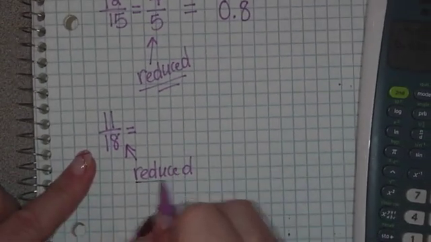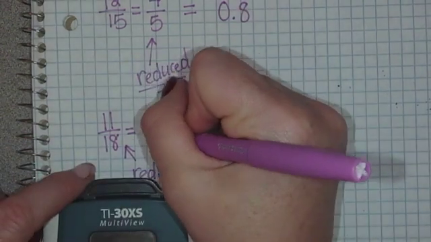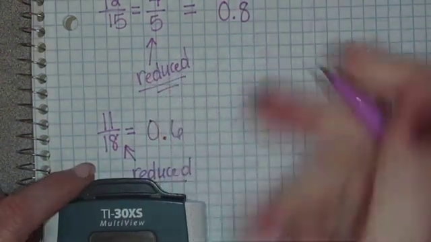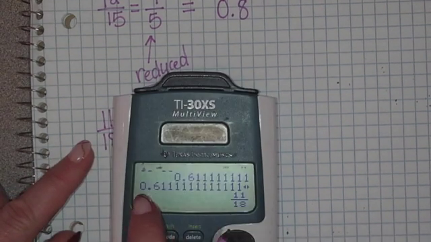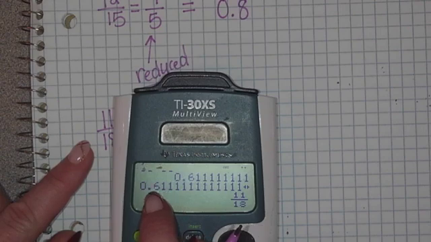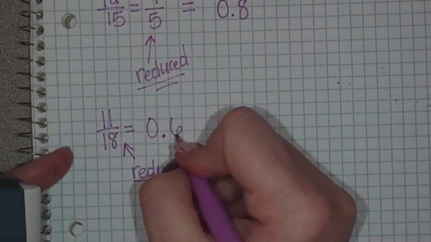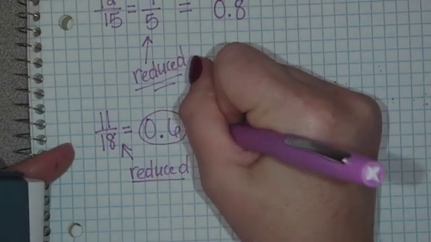And then let's write the decimal. Again, we've been rounding, so 0.6111111. The 1 would make the 6 stay a 6, so 0.6 would be your decimal.